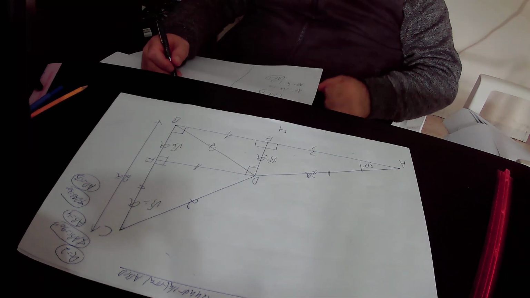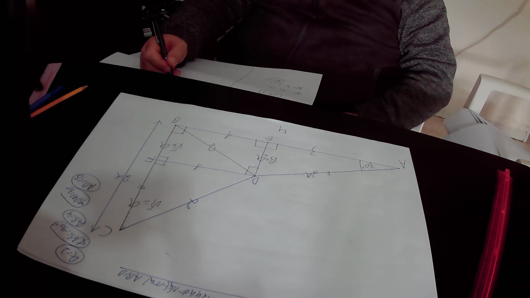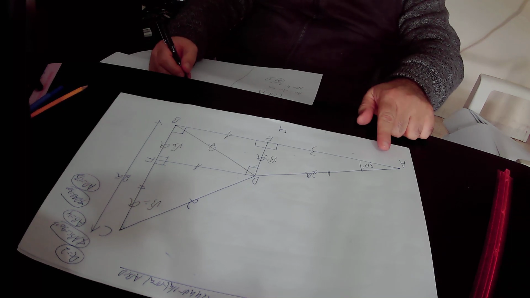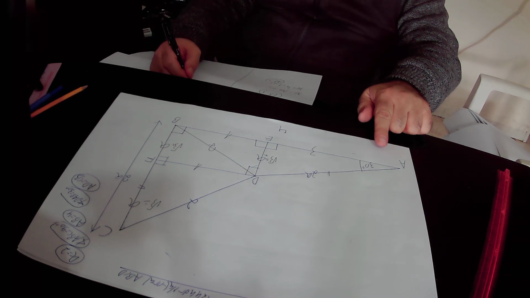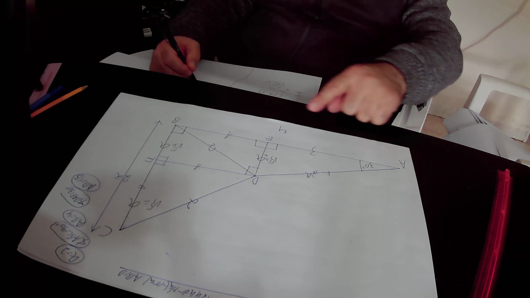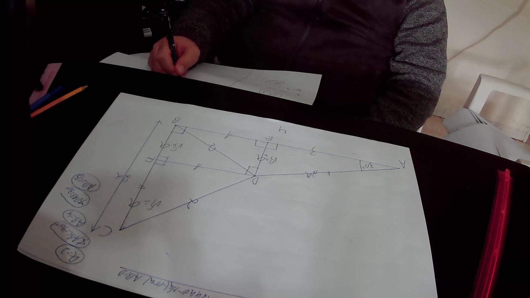And the area of triangle ADE equals the base of the triangle, that is AE, times the height to the base, that is DE, over 2.